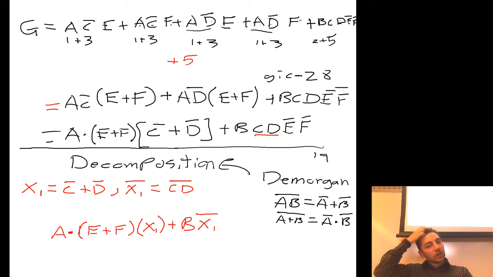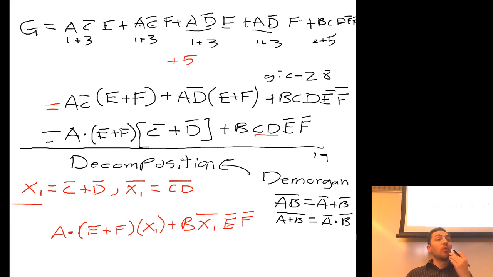Remember, by applying De Morgan's law, we're in good shape. So that is X1. This is X1 bar. And then we still have E bar, F bar. By doing this, we have effectively just added an inverter into our circuit, and we're reusing the output of this OR gate.